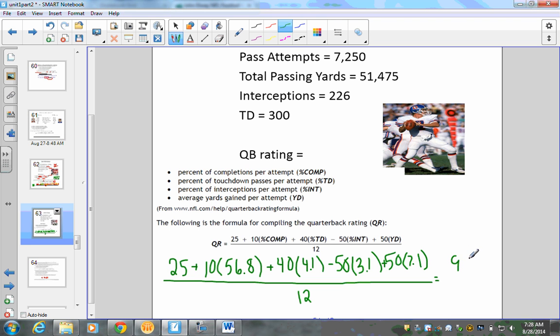Everything on the top comes to 957 divided by 12.